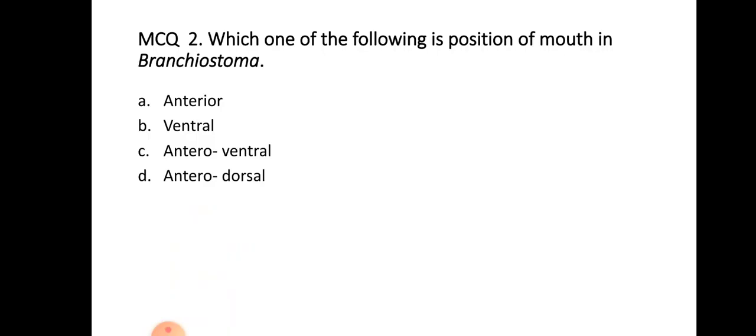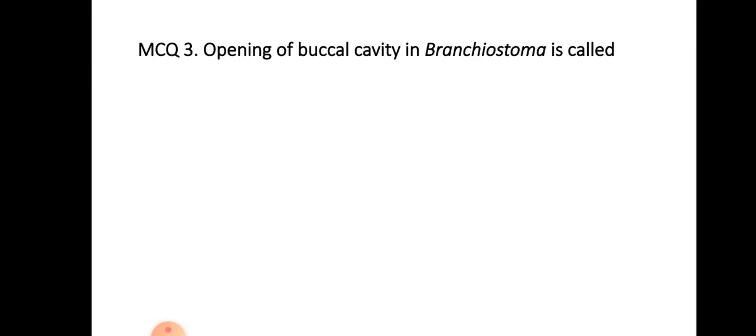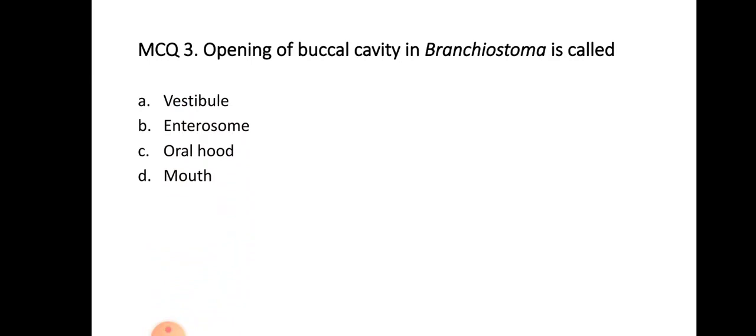The right answer is C, anteroventral. The third question: the opening of the buccal cavity in Branchiostoma is called vestibule, enterosome, oral hood, or the mouth? The right answer is the mouth.